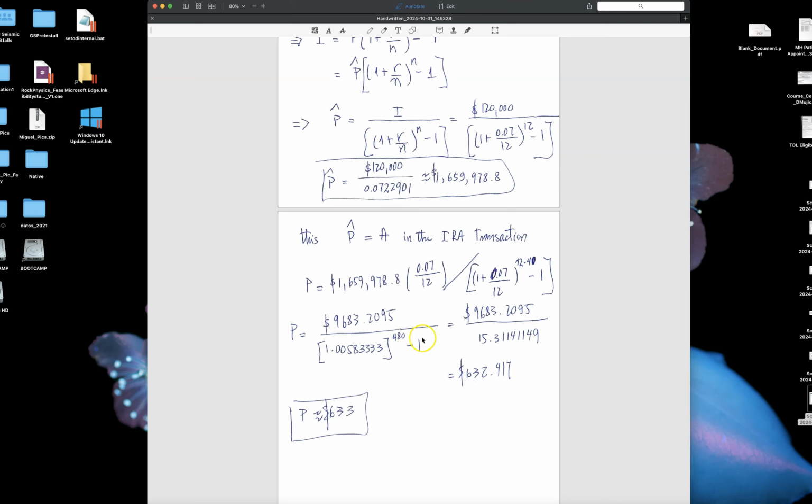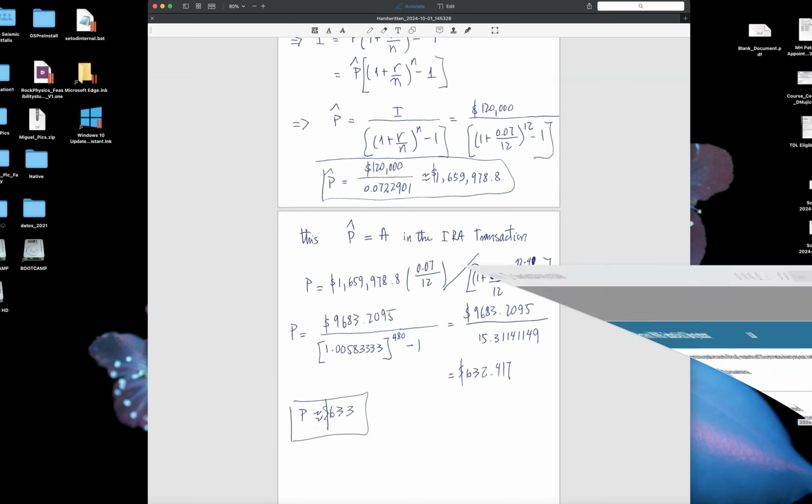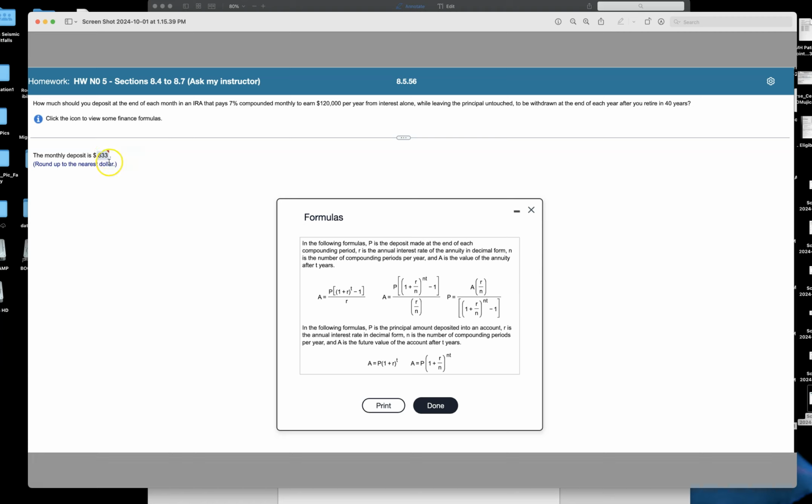When you make all this computation, you get 15.3114. To get the final result, I divided this one by this one and got 632.417. If I round to the first unit, that is $633, which is the answer that you have over here.